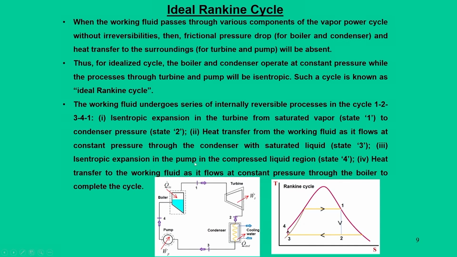Then we have an isentropic process in the pump. Instead of expansion I should write isentropic process in the pump in the compressed liquid region. Then the heat transfer to the working fluid is at constant pressure through the boiler. So, the heat addition and heat rejection processes take place at constant pressure, and the pump and turbine processes are treated as isentropic.